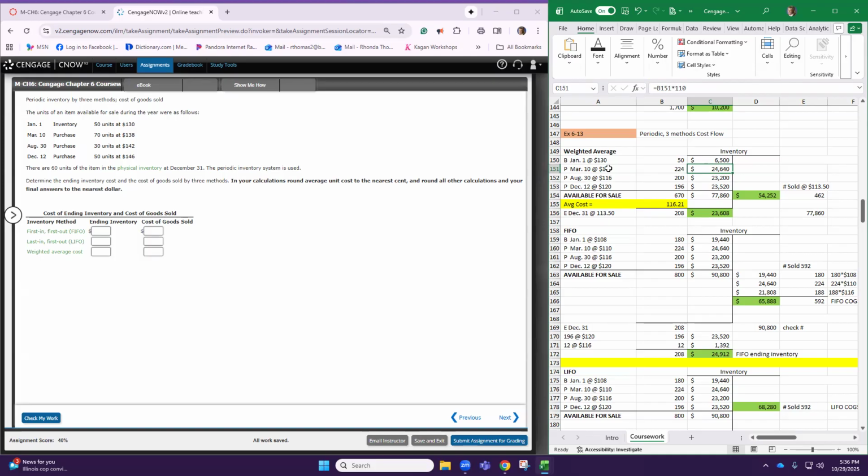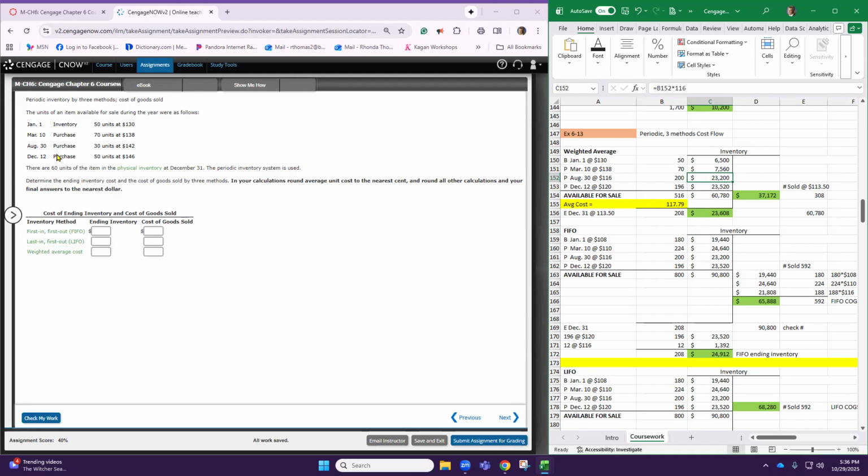Then on March 10th, we're going to buy. Like I said, I'm just doing the math here. The next cost is $138. We have 70 of those. And then I want to make sure we use 108 instead of 110. So that is where you really have to be careful.